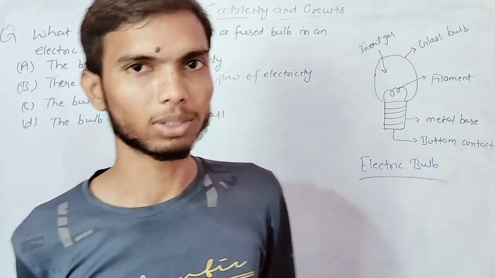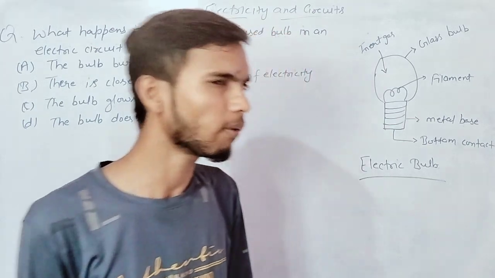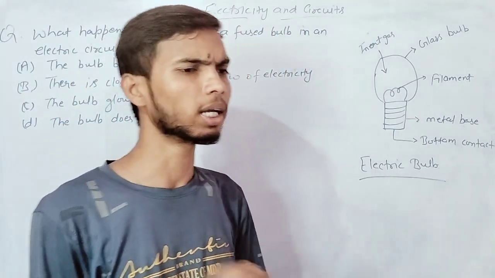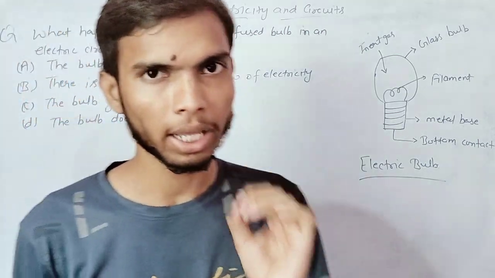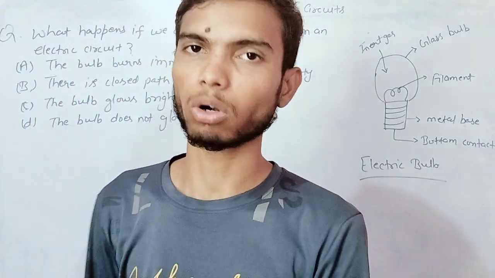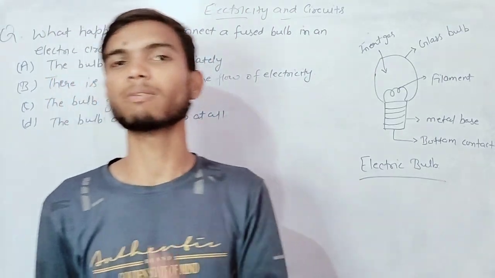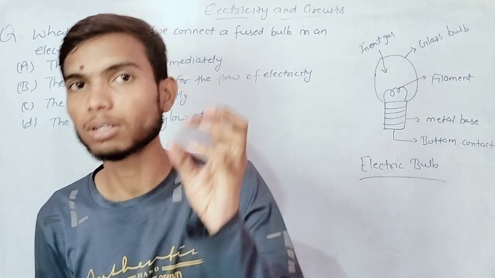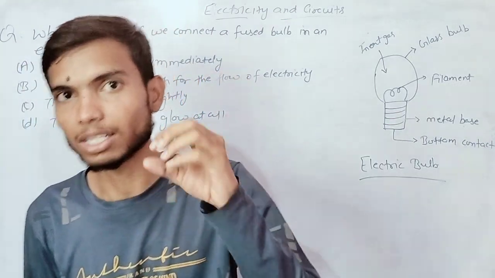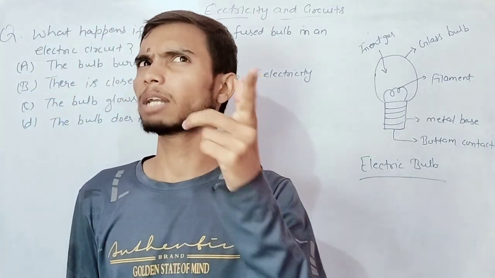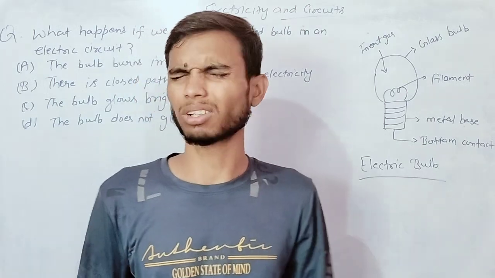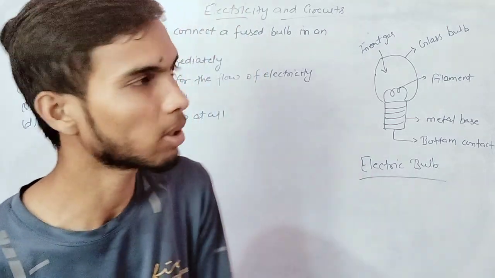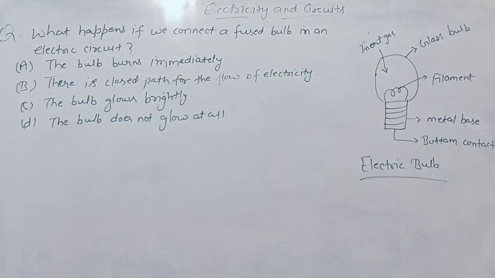Of course the answer is it will not glow at all. Anyhow, a fused bulb will not glow because the bulb is fused. Inside the bulb is a problem. The filament can be broken.